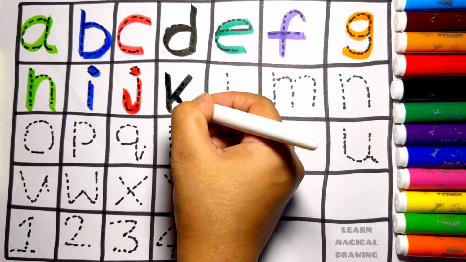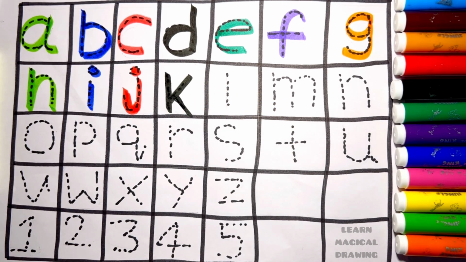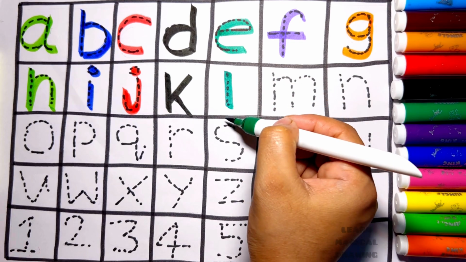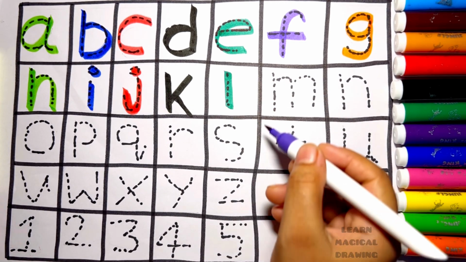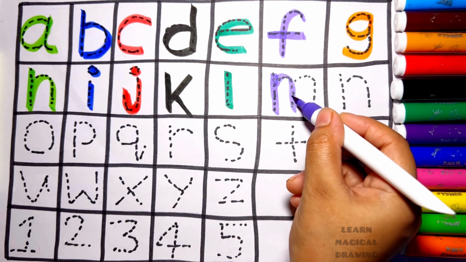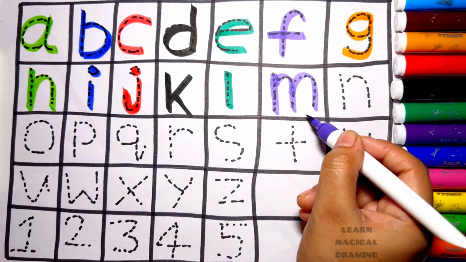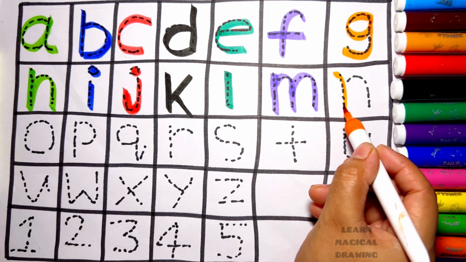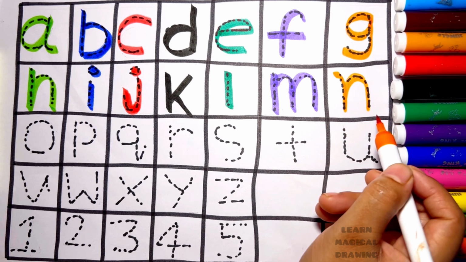K for kite. L for lion. M for mango. N for nest.